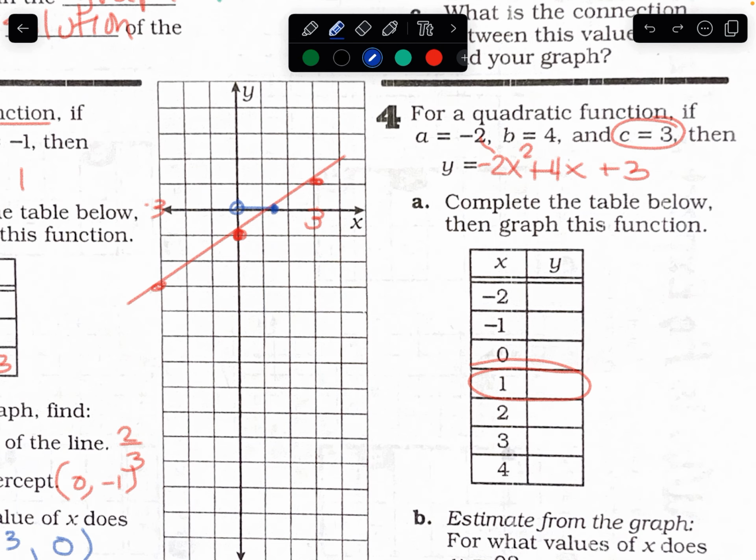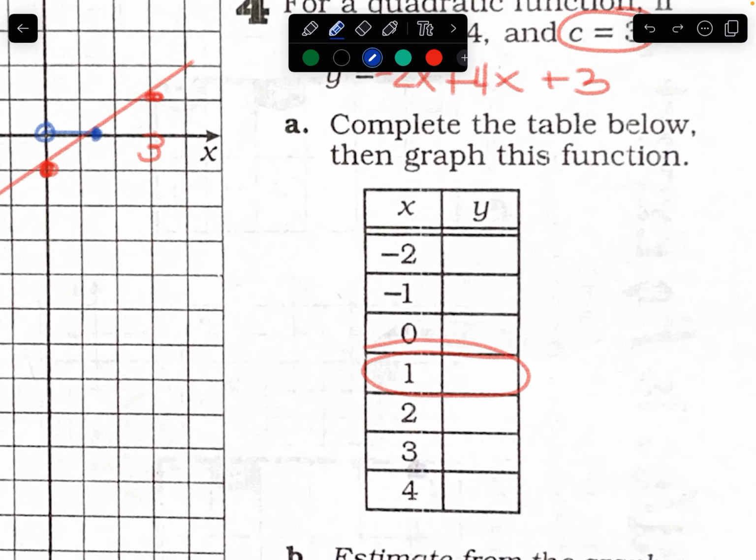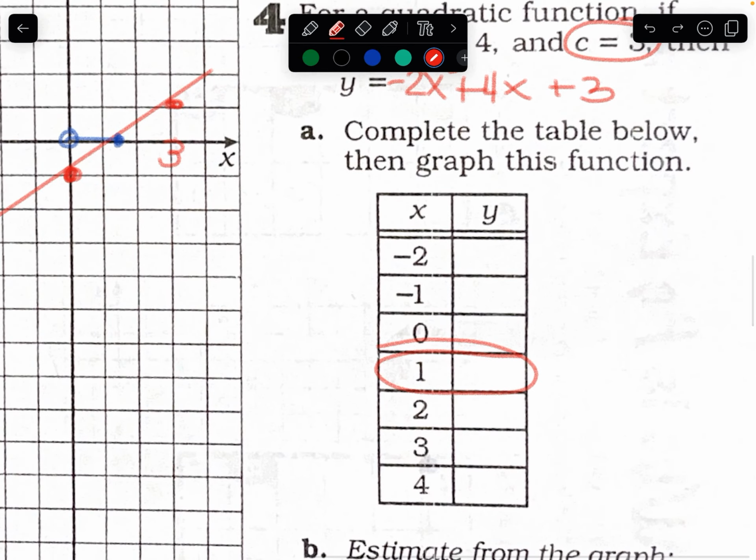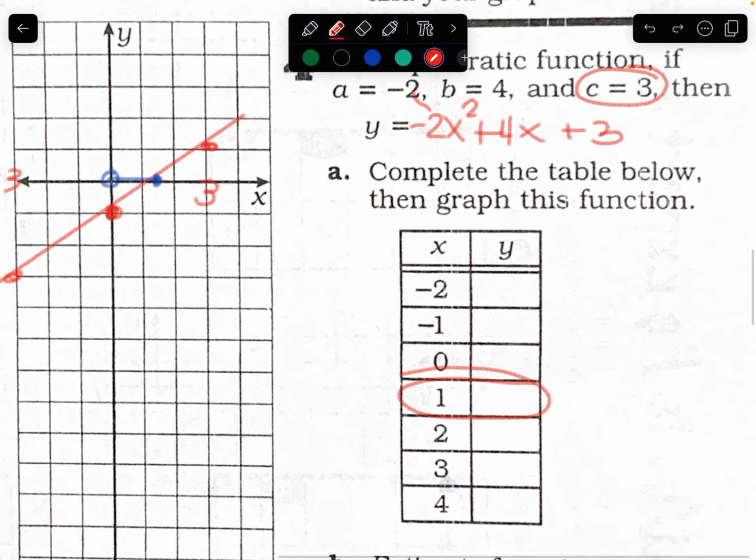We'll find out. We'll start with 0. 0 is an easy number to do, right? You put in 0. 0 squared times negative 2 plus 4 times 0, add 3 is going to be 3. So 0, 3 is your answer there.